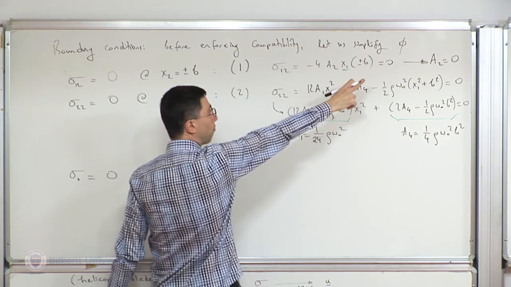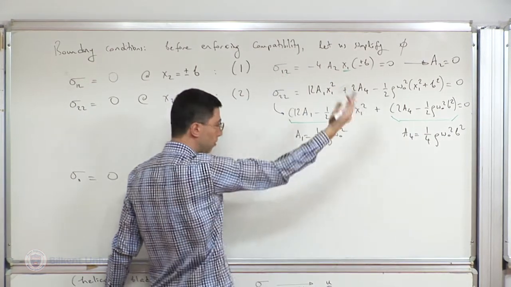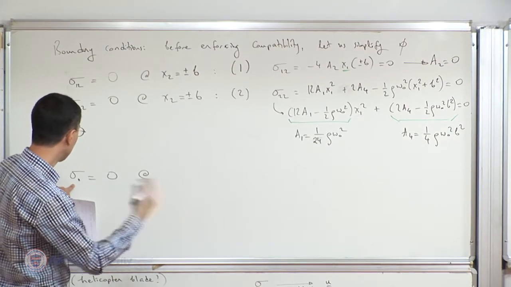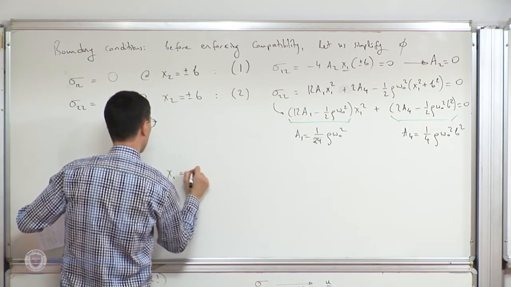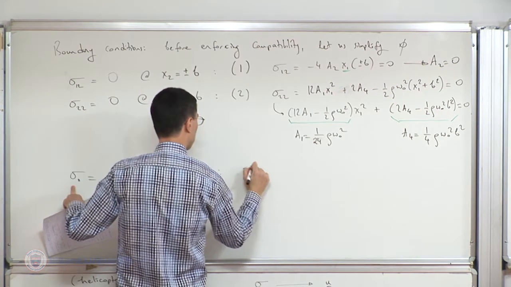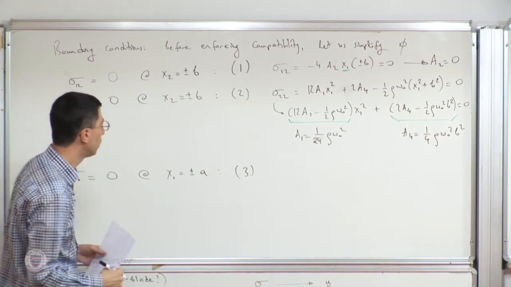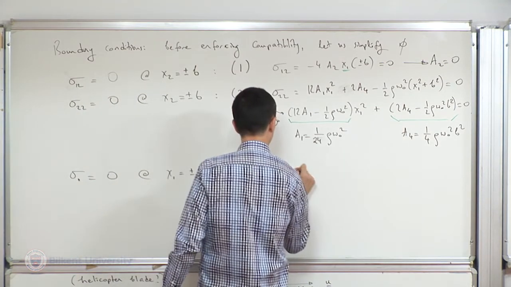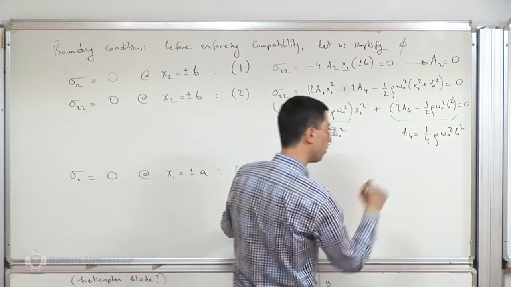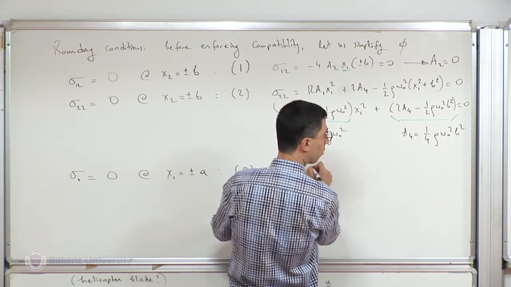But since I already found out that sigma 1,2 is 0, I don't have to worry about it anymore. Okay, so sigma 1,1 at x1 equals plus minus a. And this is going to be our presently third condition. Sigma 1,1 has to be equal to 0. And sigma 1,1 is equal to the top blue equation.